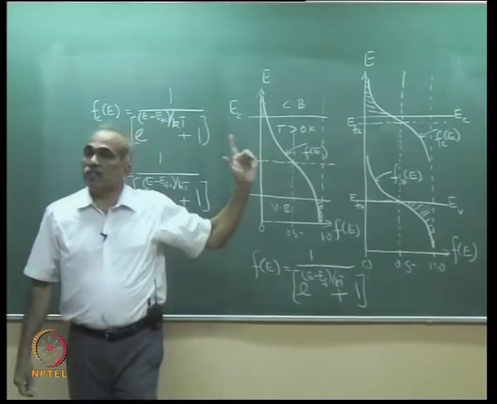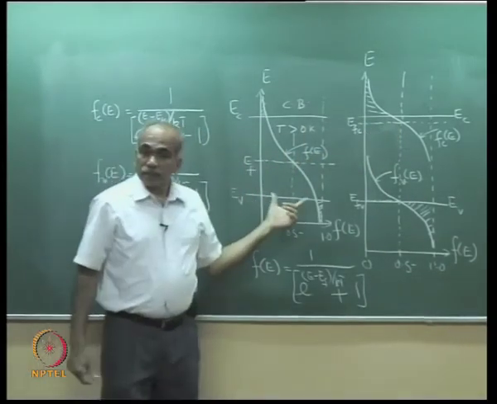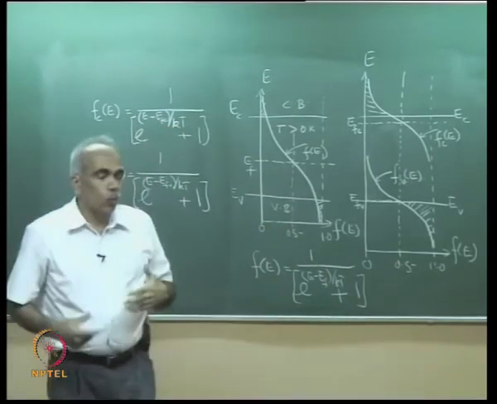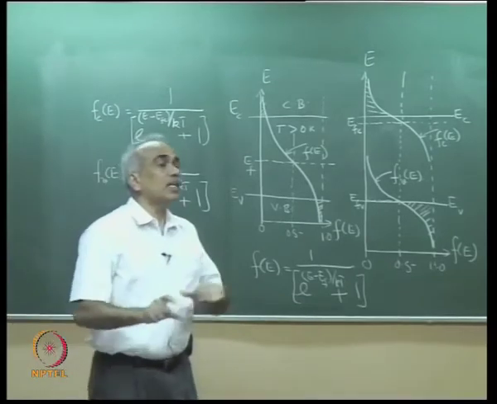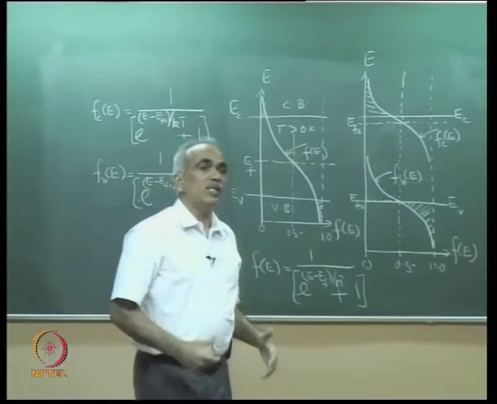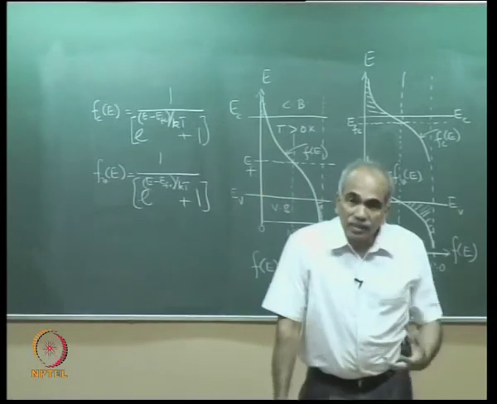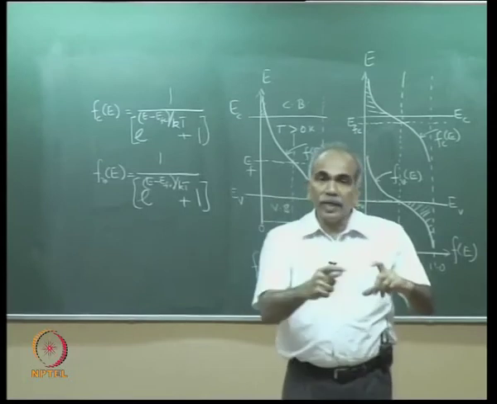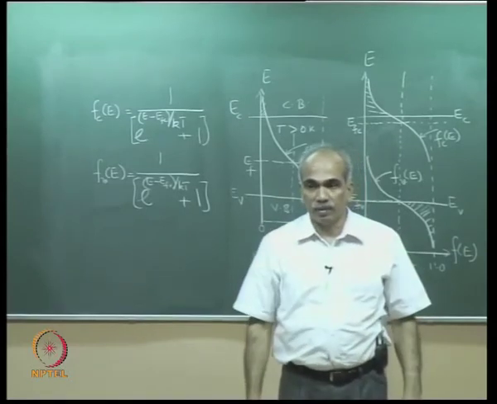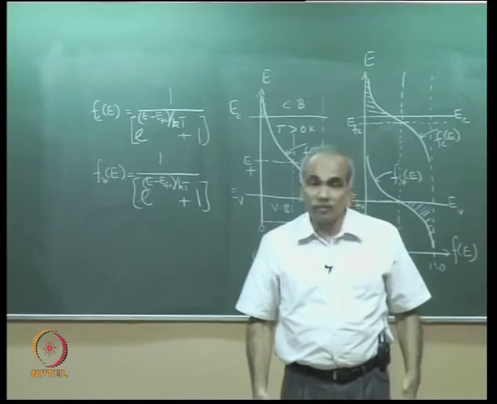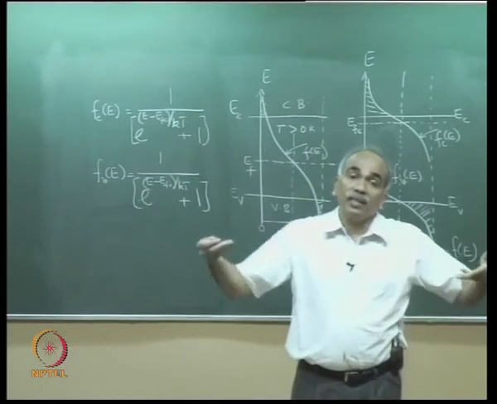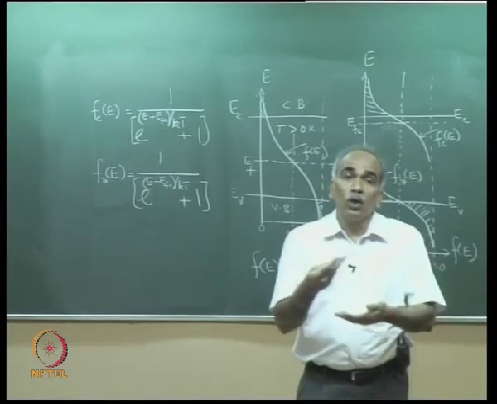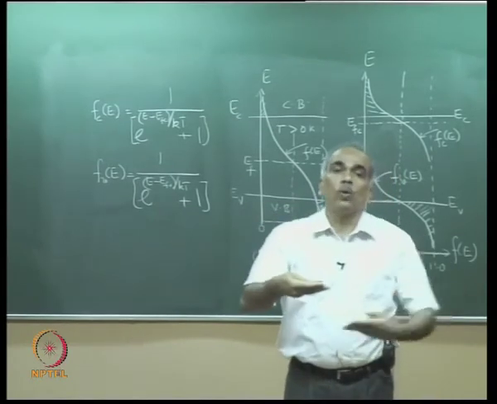When a material is in thermal equilibrium, you will describe it by one single Fermi function. When a material is in quasi equilibrium, which means there is an additional source of pumping, an additional source of excitation, this could be radiation, a semiconductor which is illuminated by light, or it could be the PN junction where carrier injection is taking place, and in the junction region you are pouring in electrons and holes.